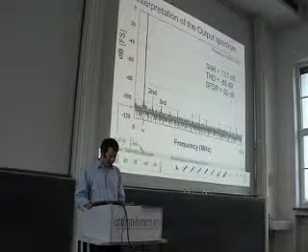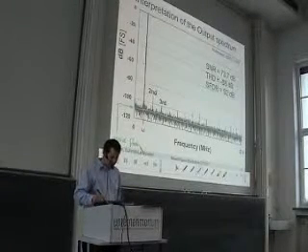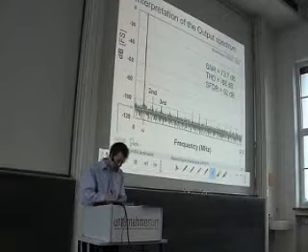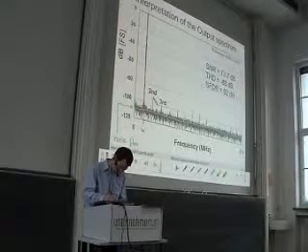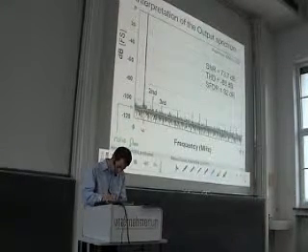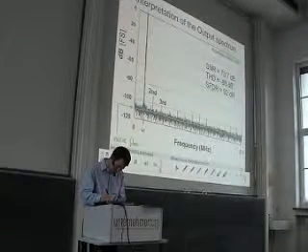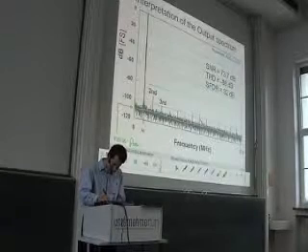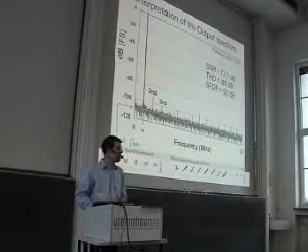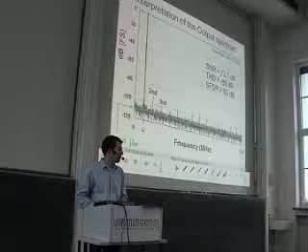Then we see other spikes coming out of this noise floor. For instance, here, here, here, here, and so on. Here, this one we do not really see, but there are others. And these are the so-called harmonics.